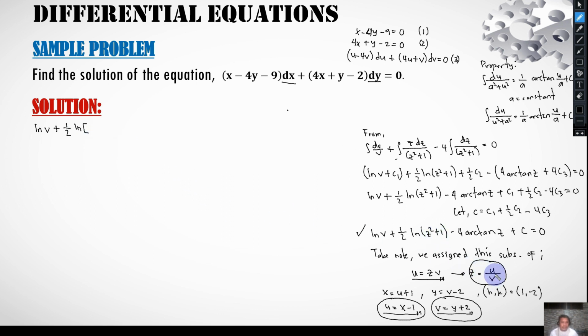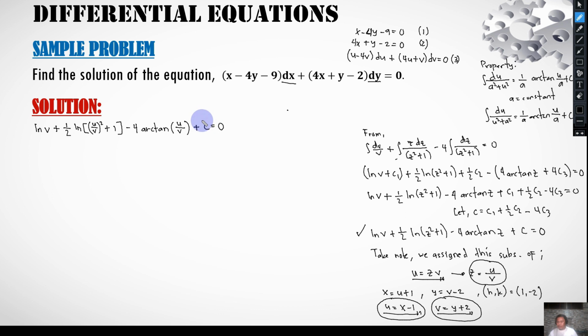So our z is u over v, so we are going to have u over v, squared, plus 1. And then minus 4 arctangent of z, which is u over v, and then plus c, a constant.